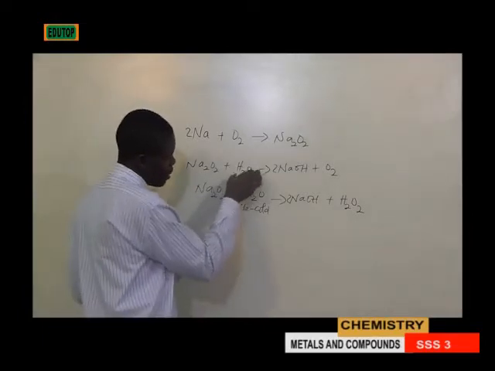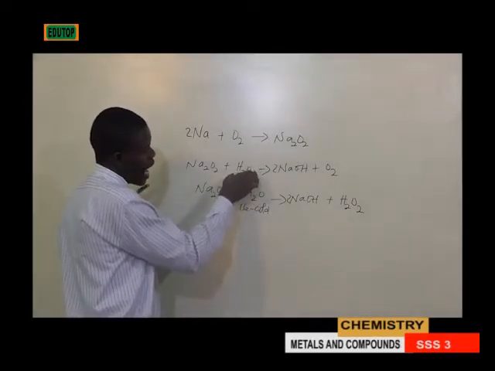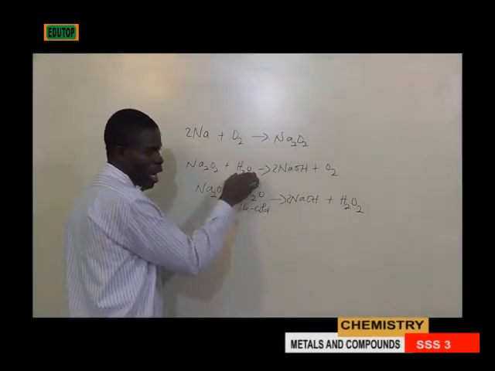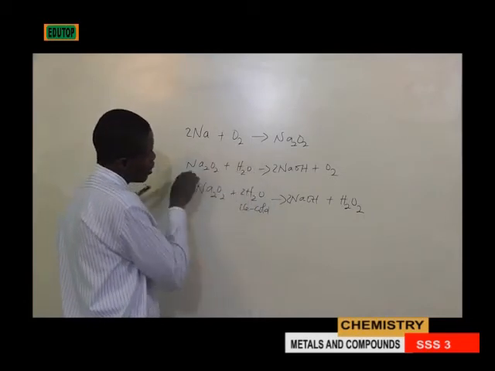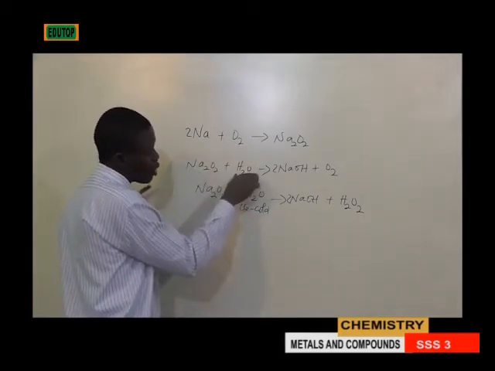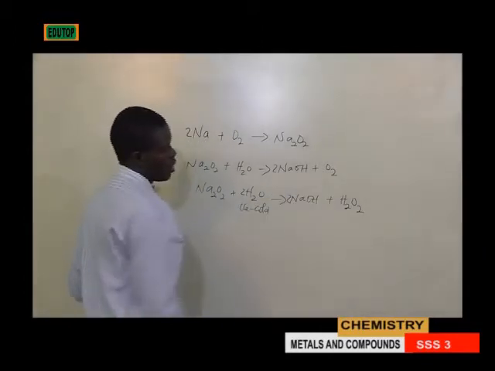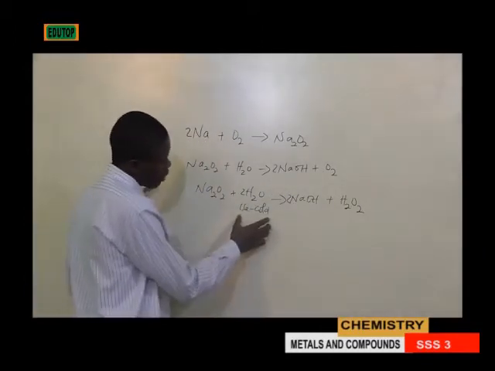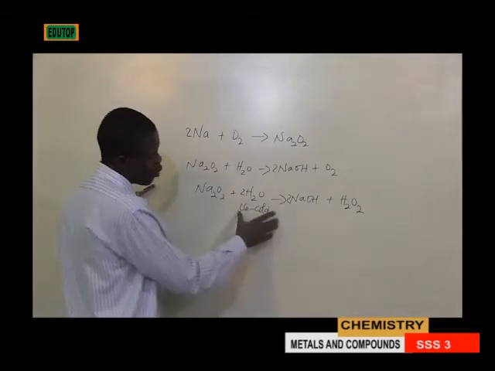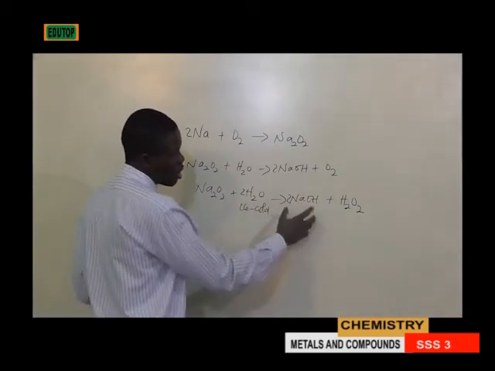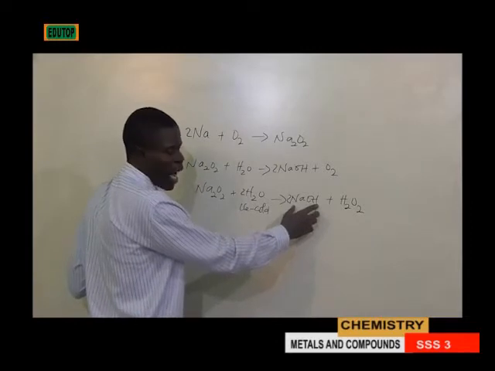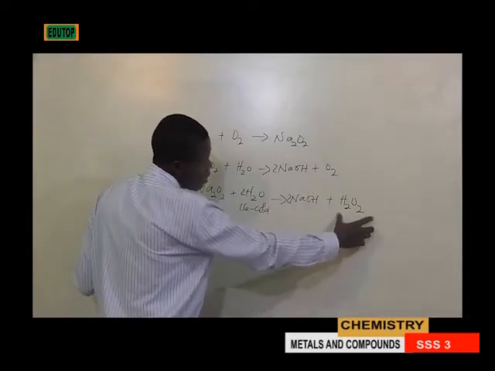That means the first reaction is not done in ice cold water. It is done in ordinary water. In ordinary water, sodium peroxide reacts with water to give sodium hydroxide and liberate oxygen. But in ice cold water, it gives sodium hydroxide and hydrogen peroxide.